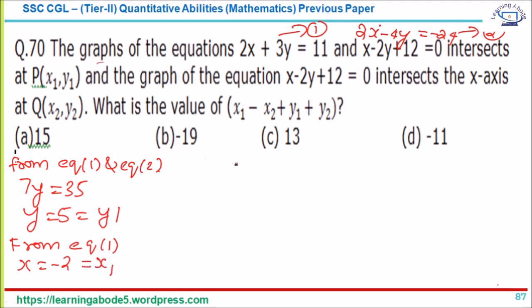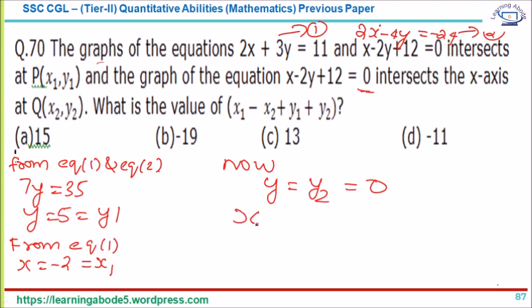Now the graph of the equation x minus 2y plus 12 equal to 0 intersects the x-axis at Q of x2, y2. Which means y2 is equal to 0.